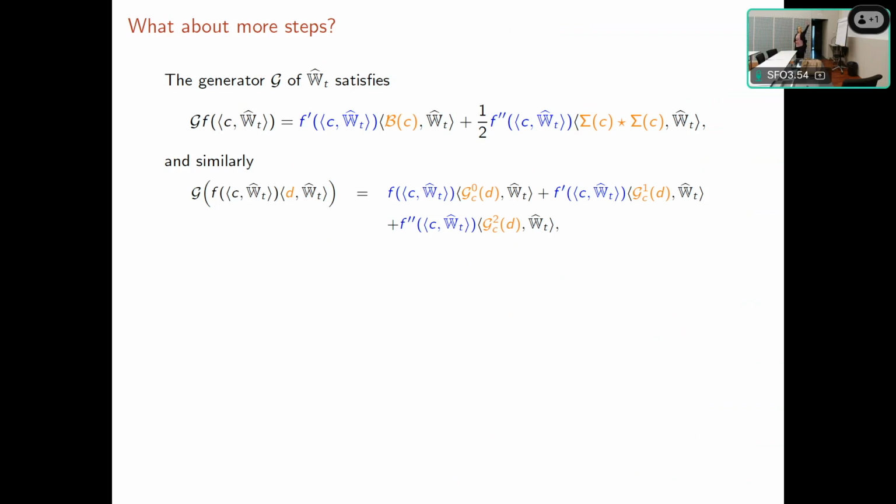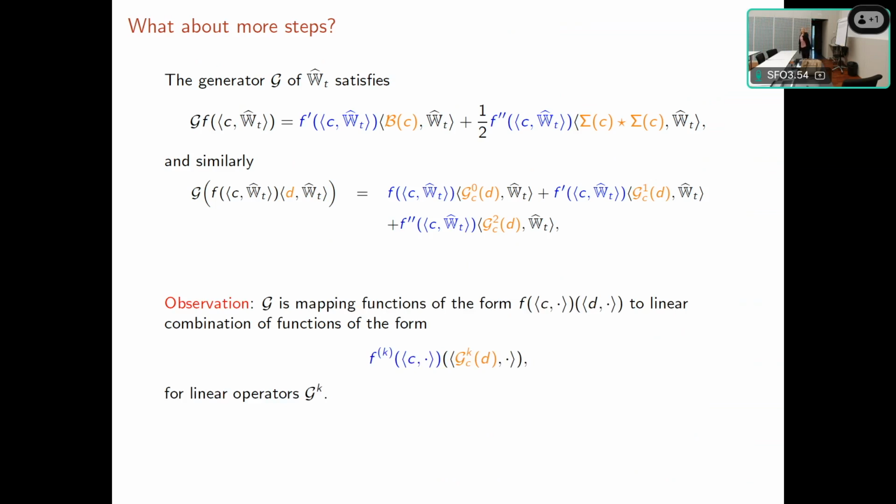Because then we just need to understand what the three operators G0, G1, and G2 are, in order to be able to repeat this procedure as many times as we want. Now each of these three terms is exactly of the form to which we apply the generator. So we can apply the generator again just by repeating the same formula.